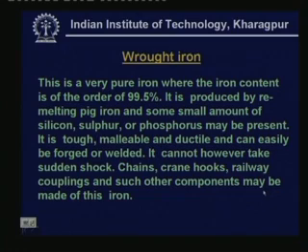Malleable, as you know, is the property by which you can make it thinner and thinner, and ductile, you know, means it has a good percentage elongation. That means it can elongate to a great extent when it is in the plastic zone. So these three properties of wrought iron make it a very good material to be forged or welded.